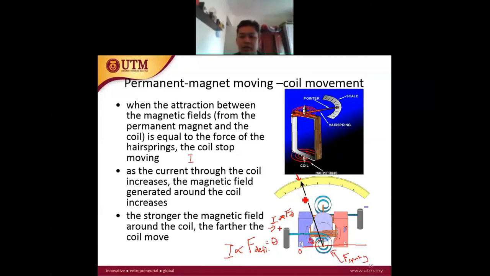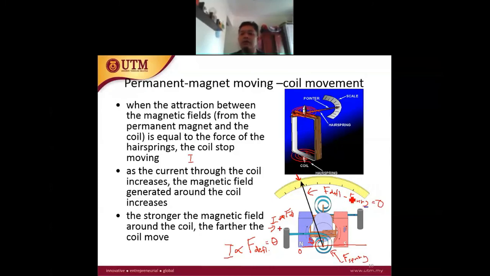So at this point, we say that the deflection torque, F deflection, minus F spring will be equivalent to zero. So it's like in physics.